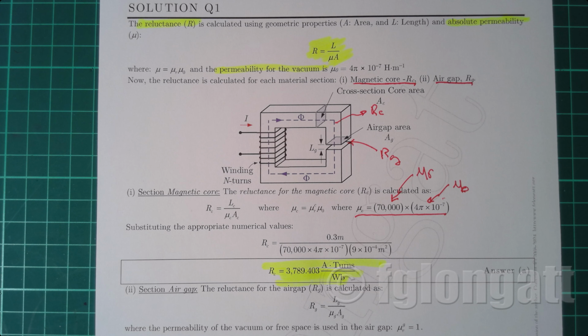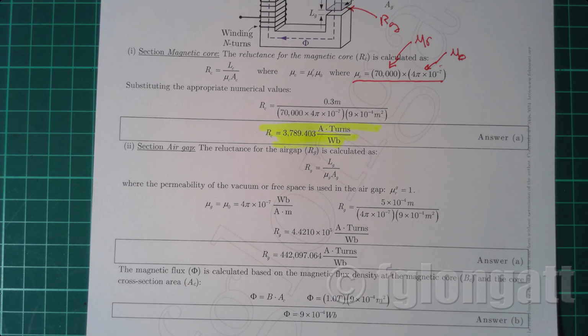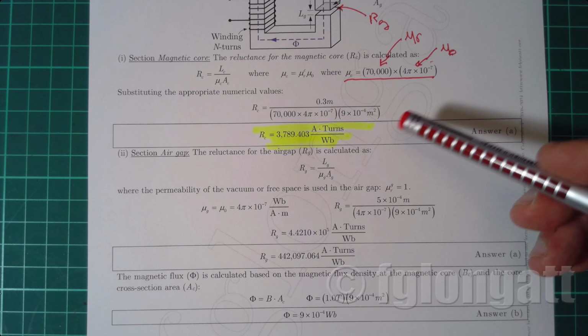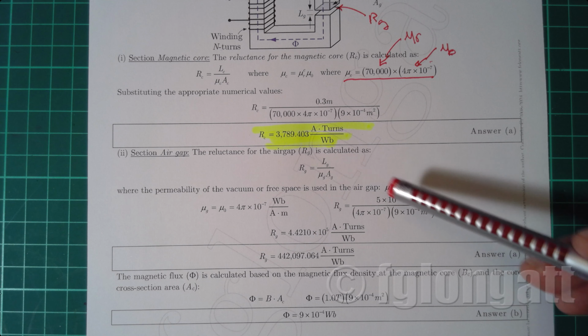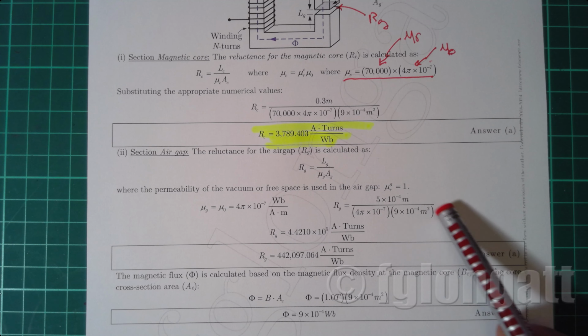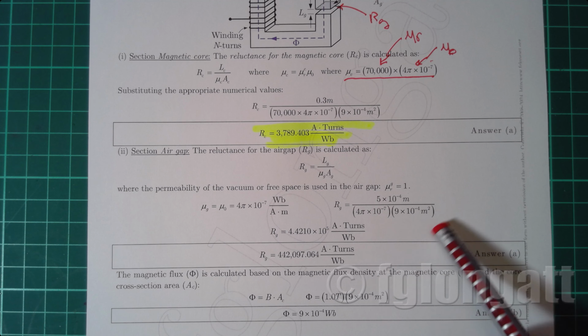So the next step is to do something similar for the air gap, but the main difference is that the length of the air gap is extremely small. You must remember that it is so small, 5 exponent minus 4 meters. We have the same cross-section area for the air gap and for the magnetic material.